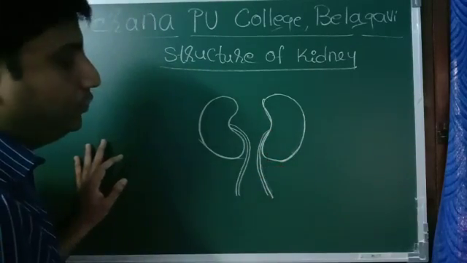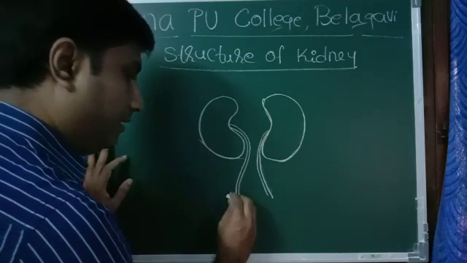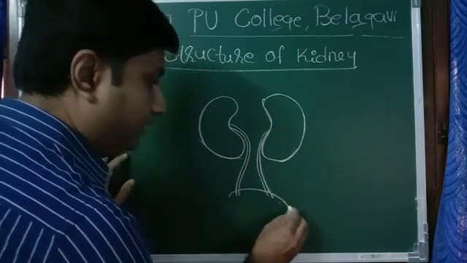This is called the ureter, and then the bladder, the urinary bladder.